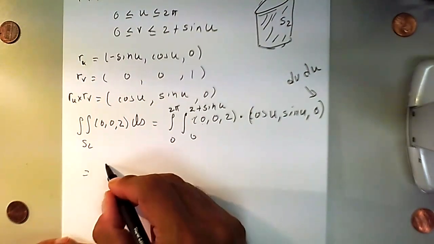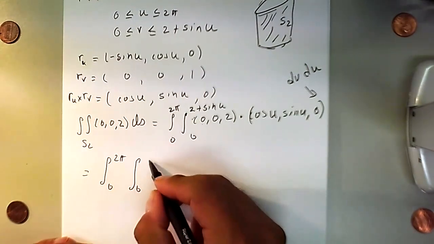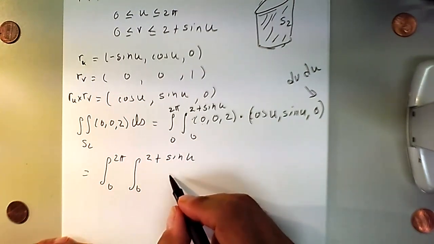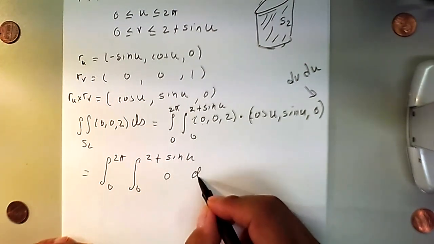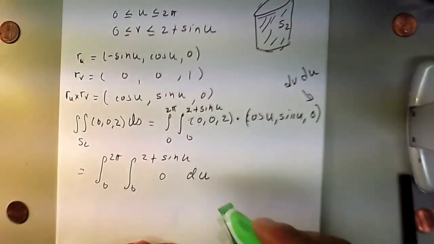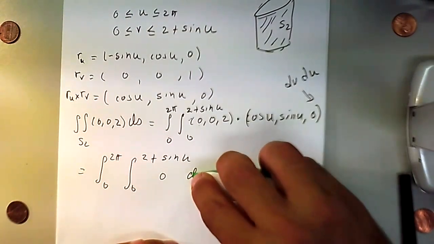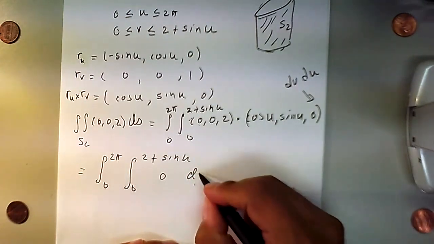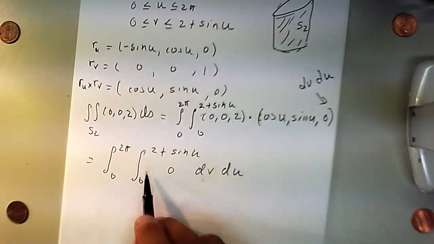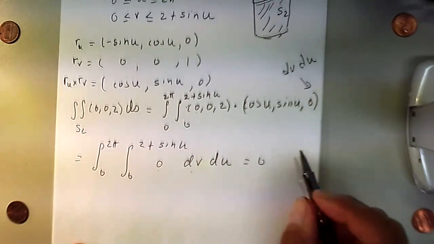So we're going to end up integrating from 0 to 2 pi, from 0 to 2 plus sine of u, 0 with respect to v, dv du. That's very important in this case. It is important to set it up correctly, although we're integrating 0, so the answer is going to be 0.